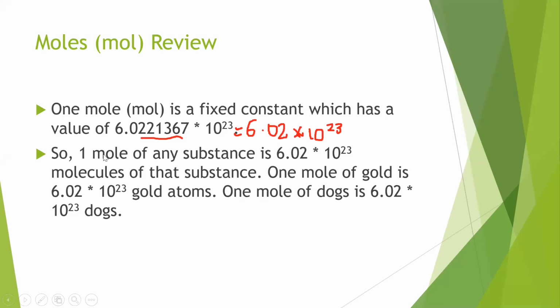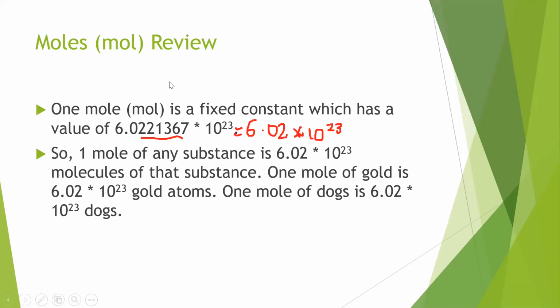So 1 mole of any substance is just 6.02 times 10 to the 23rd molecules of that substance. For example, 1 mole of gold is 6.02 times 10 to the 23rd gold atoms. You can also use it for 1 mole of dogs, and you'll have 6.02 times 10 to the 23rd dogs, which would be a large amount of dogs.